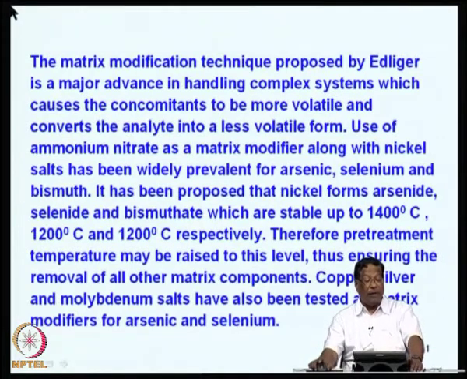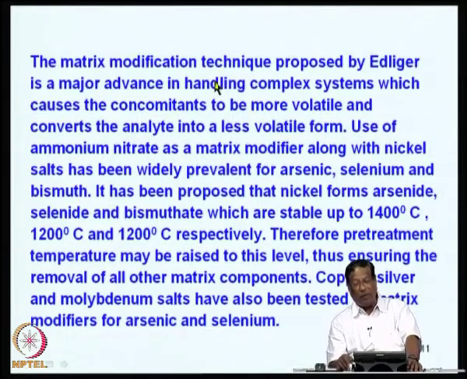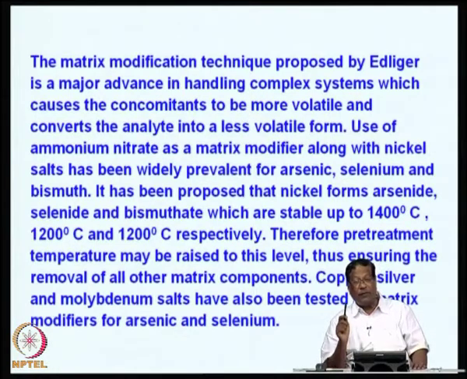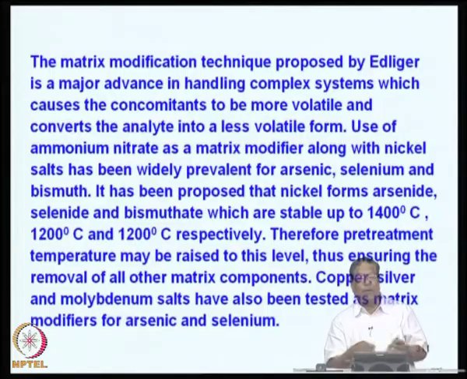So, the matrix modification technique, what I was telling, has been put on a very strong footing by Ediger. It is a major advance in handling complex systems, which causes the contaminants to be more volatile, and it converts the analyte into a less volatile form. That is the whole idea.